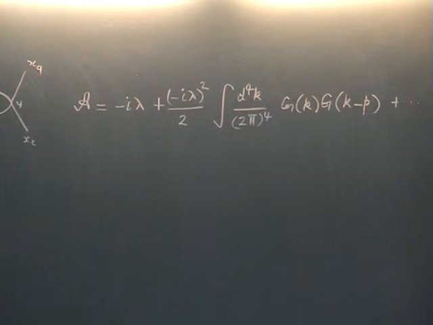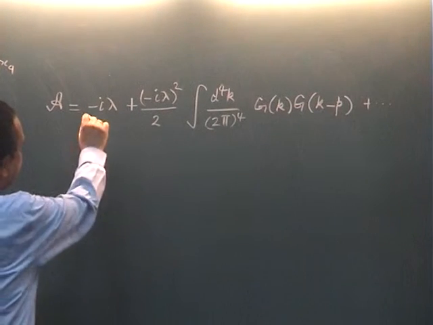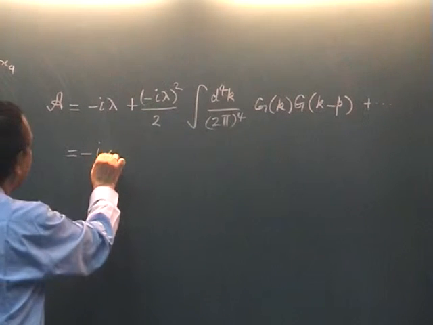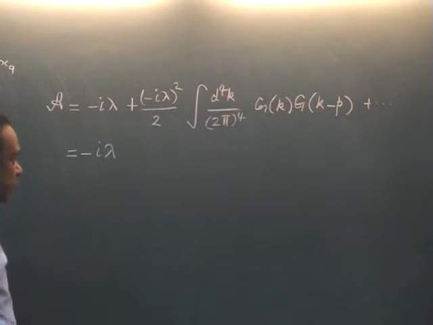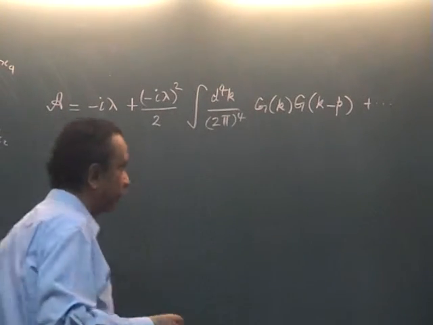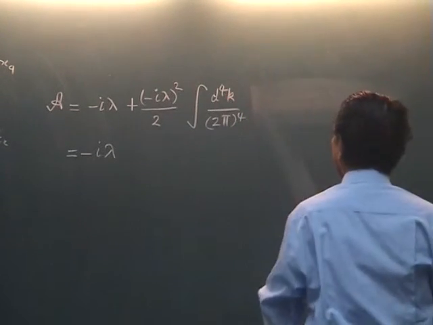So first we want to do a little bit of cleaning up on this. What we will do is that this term is minus I lambda. So let me write this again as minus I lambda. Here, when you do this, you will pick up two I factors. So maybe I should just expand it out. That will be clearer.